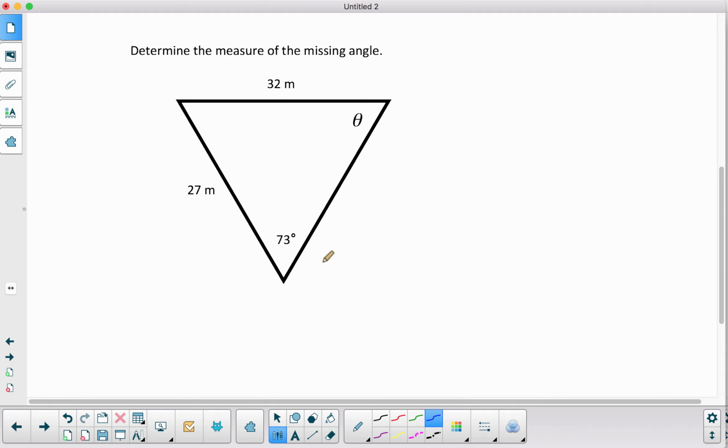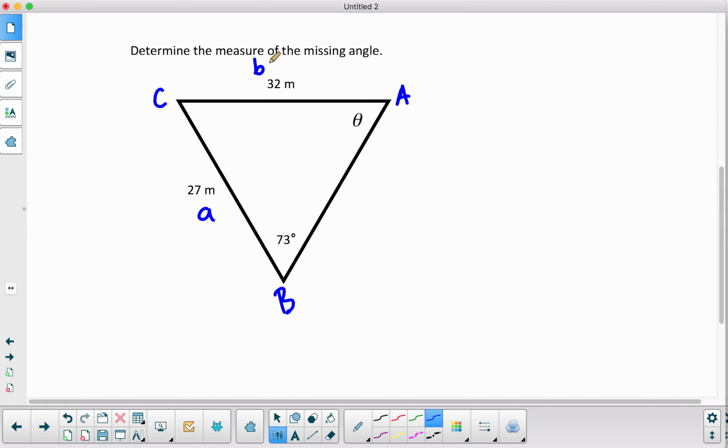Okay, so let me show you how to use the sine law to find a missing angle. Now, we could label our triangle since we need the A, B, and C. If I label this angle A over here, then this side automatically has to be lowercase a. And if I label this angle B, then this side has to be b.